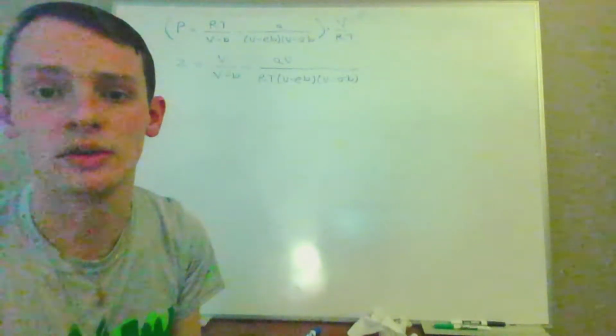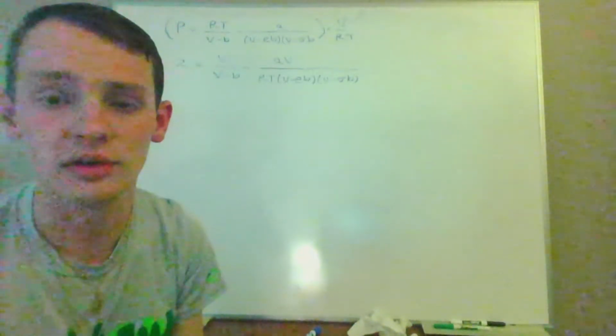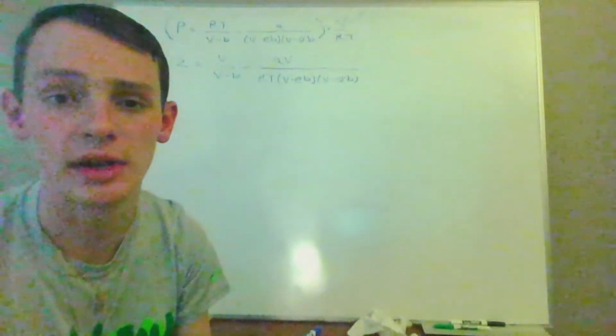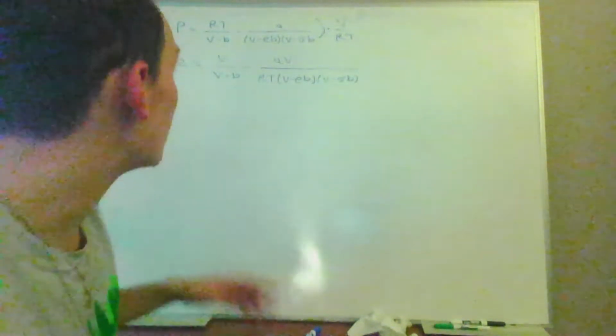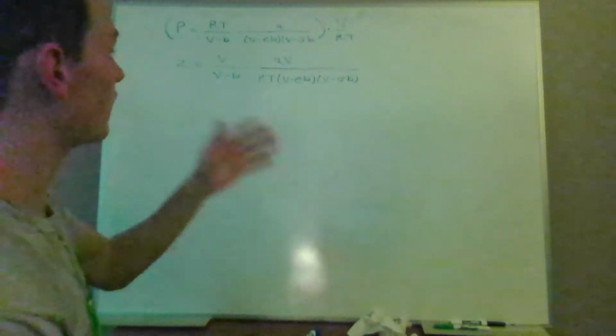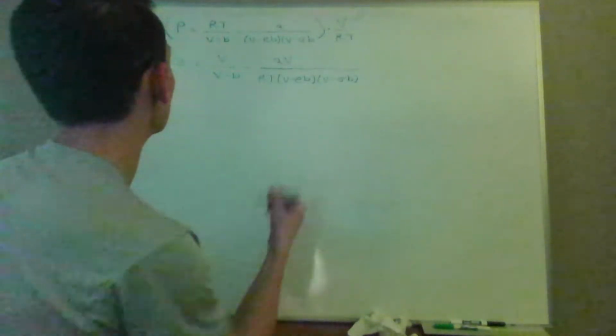The next thing we want to do here is get our specific volume V in the denominators so that eventually we can get to a place where we can have common denominators. So to do that, let's divide each numerator and denominator of these two fractions by V and see what we get.